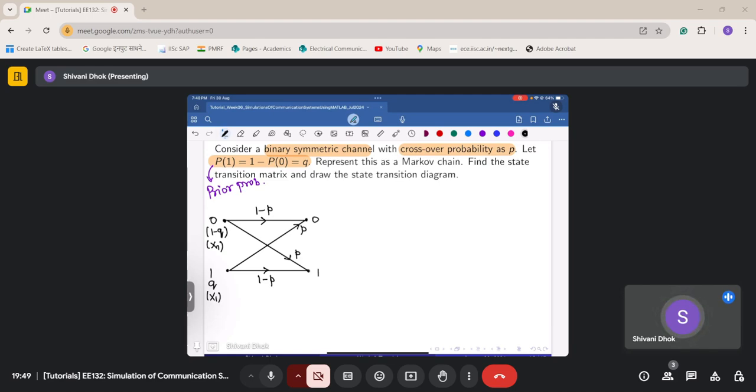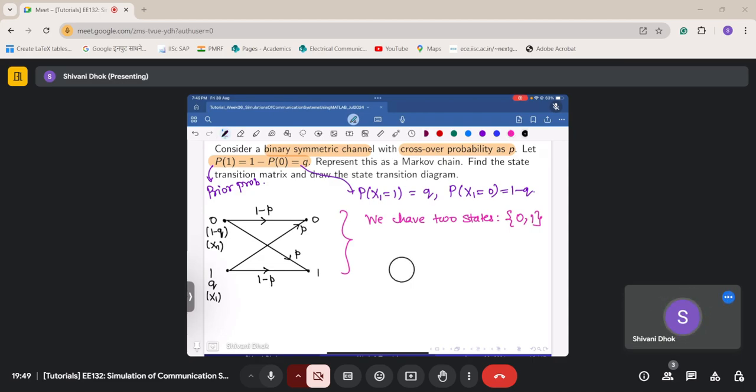So what does this mean? The probability that x1 equal to 1 is Q, and the probability that x1 equal to 0 is 1 minus Q. Okay, so how many states do we have? 0 and 1. So we have two states. Let me draw it.